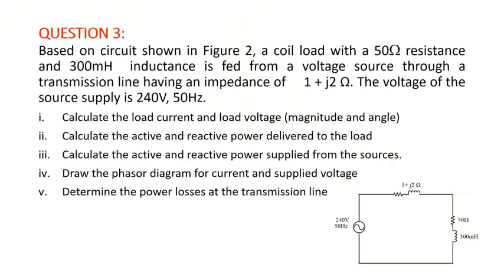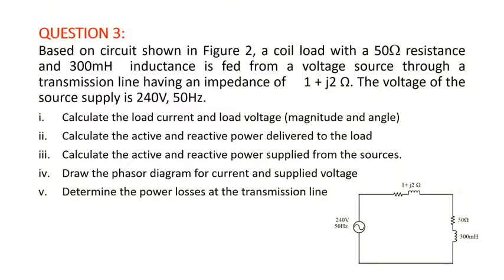A coil load with a 50 ohm resistance and a 300 millihenry inductance is fed from the voltage source through a transmission line having an impedance of 1 plus j2 ohms. The supply is 240 volts with 50 hertz frequency.